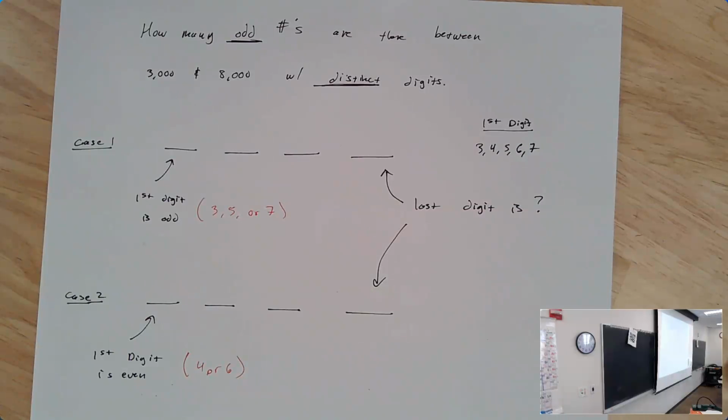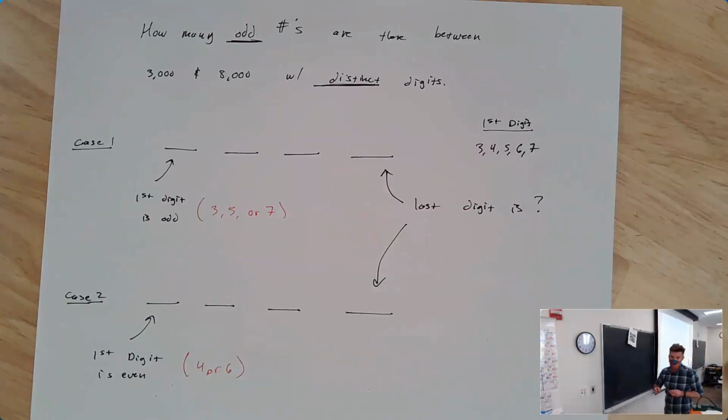I agree there were 5 total odd numbers to pick from, but we limited the choice of our first digit because the number has to be between 3,000 and 8,000. So it's really helpful to do this problem in the order of thinking about what the first digit can be, then what the last digit can be, then the second digit, then the third digit.